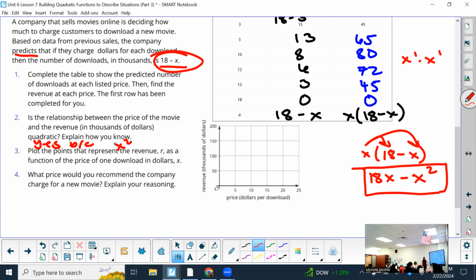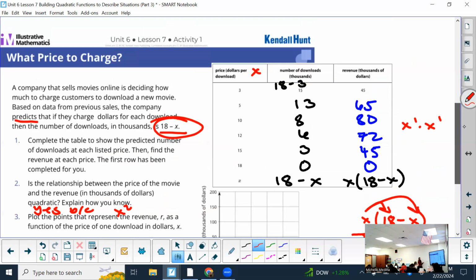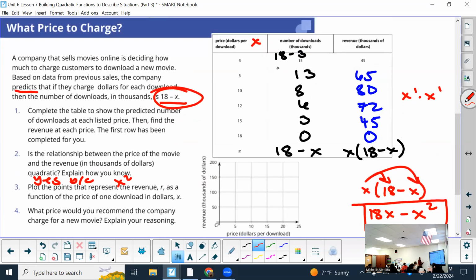Next, you are going to plot the points that represent the revenue as a function of the price of one download. So the prices are here, that's going to be your X. The revenue is this column.